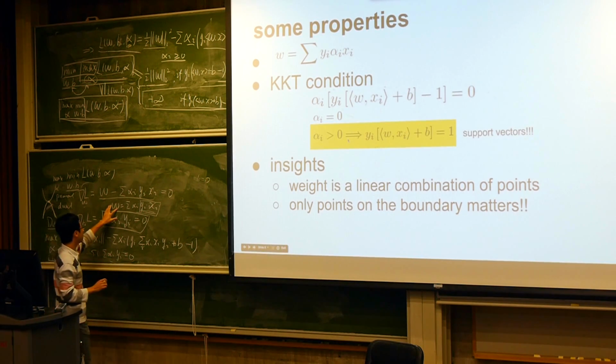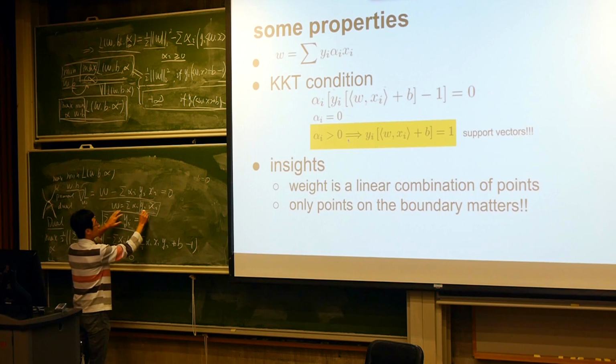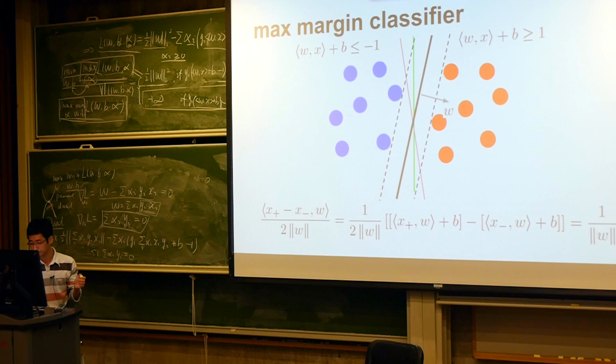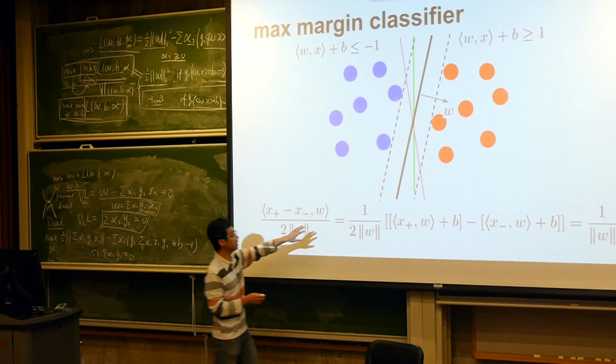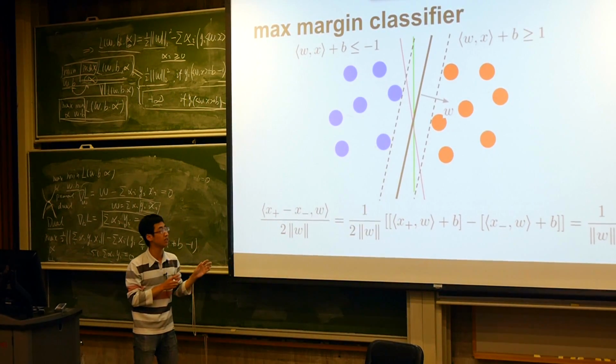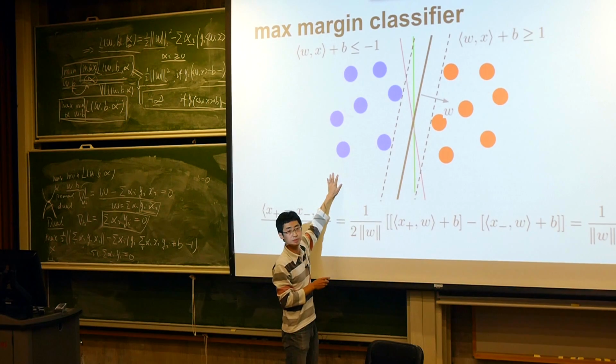Since W is the linear combination of the original points, note that alpha i is non-zero only if the constraint is equal to 1, which means that only the points on these two virtual lines will count in the weight. This dot will not be counted in the weight.